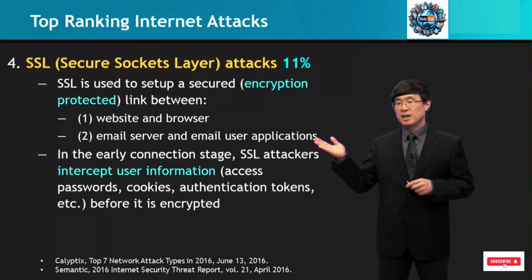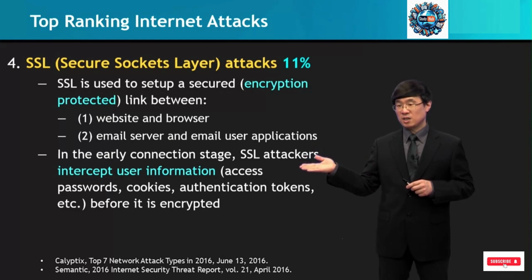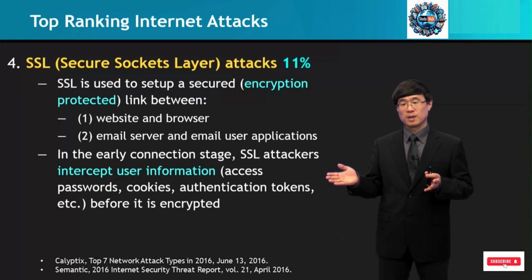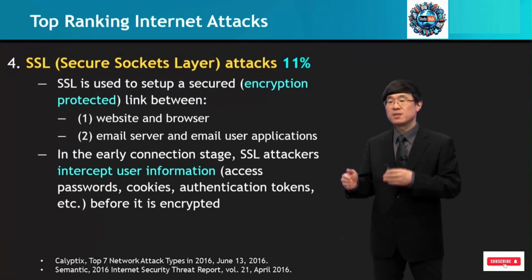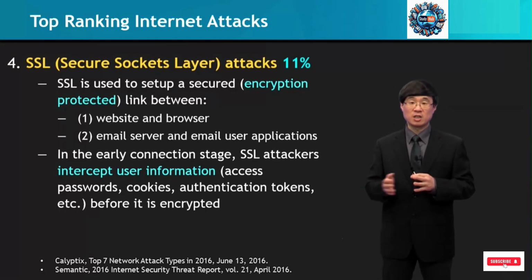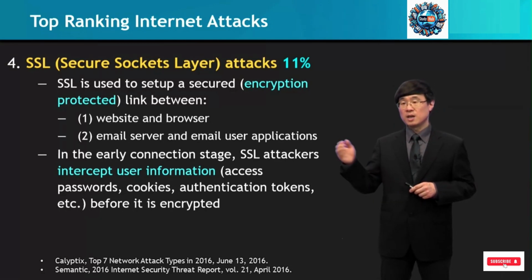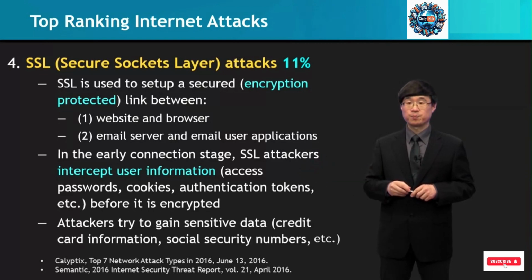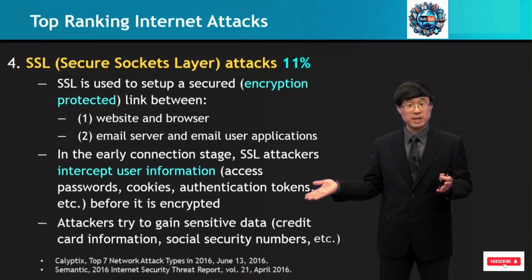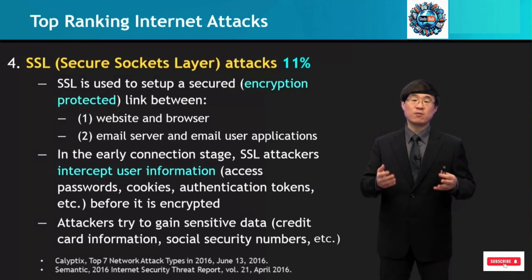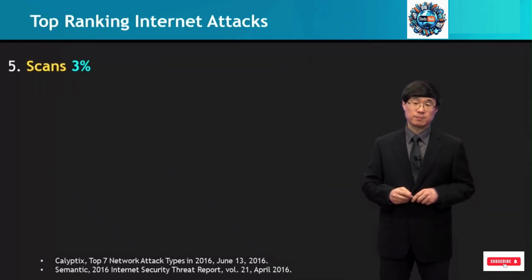In the early connection stage, the SSL attacker will intercept user information, and try to see what is going on before this information gets encrypted and exchanged. What are they looking for? Well, access passwords, cookies, authentication tokens, and other things. Attackers try to gain sensitive data, such as credit card information, social security numbers, and other things, and use that for other types of attacks.